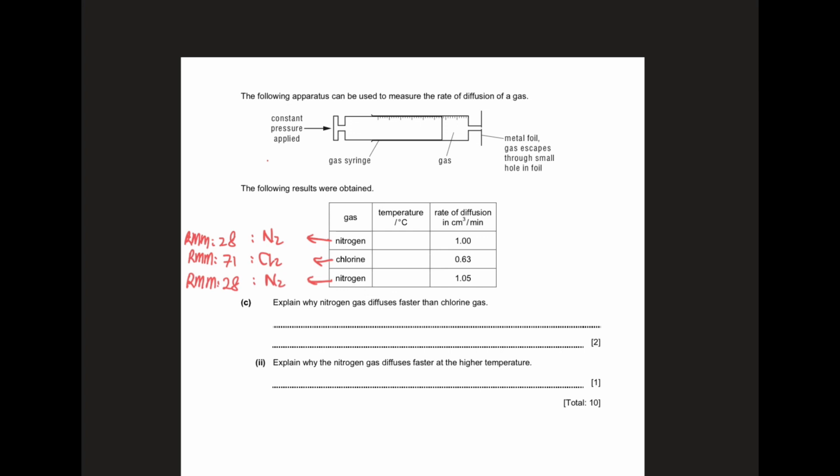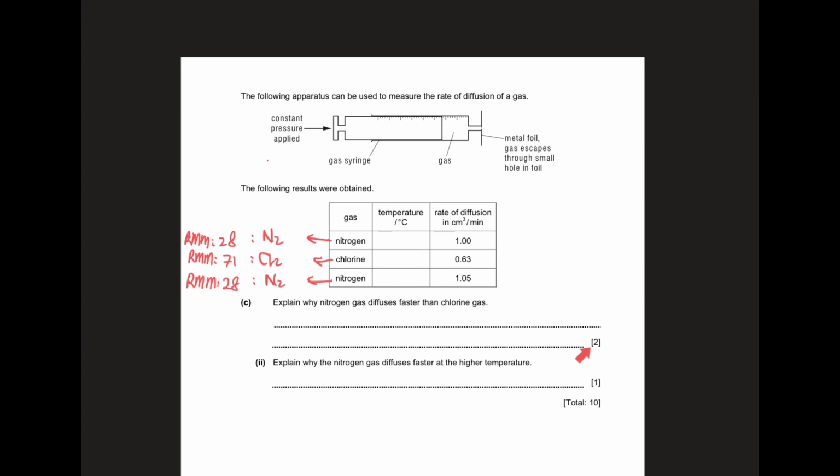Okay, we look at C first. Explain why nitrogen gas diffuses faster than chlorine gas. Different mass now, different mass. Density. Yeah, different density. Okay, so 2 marks are given.